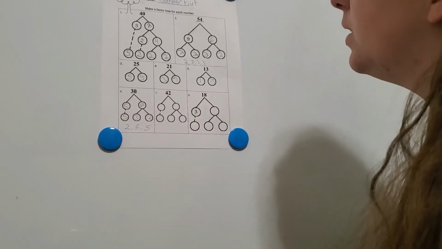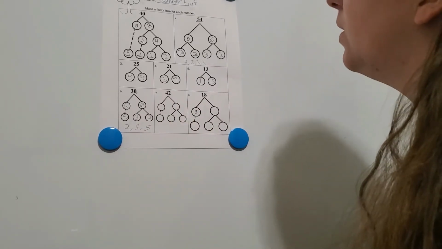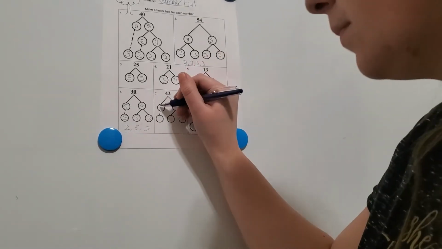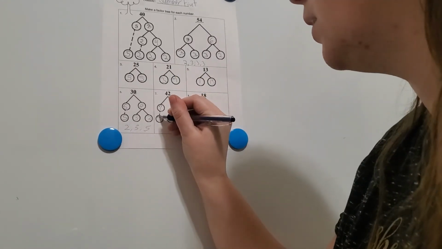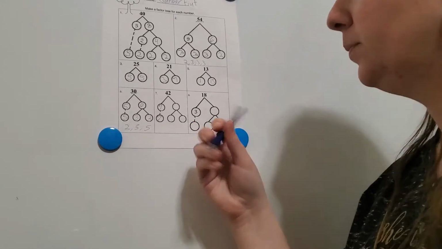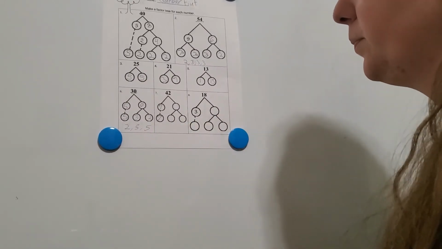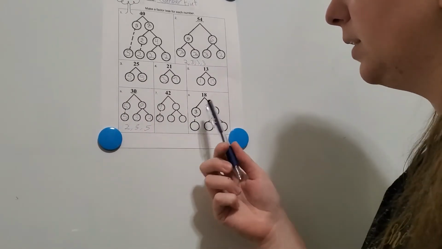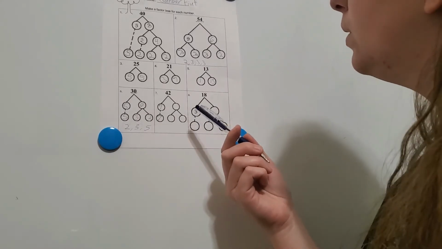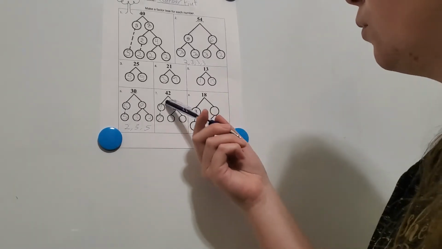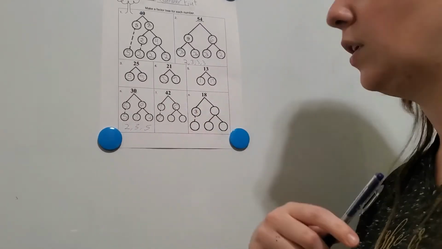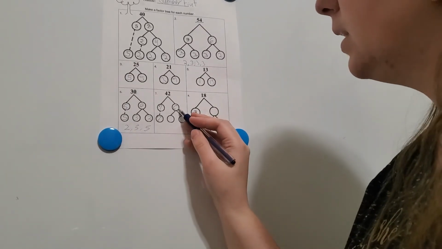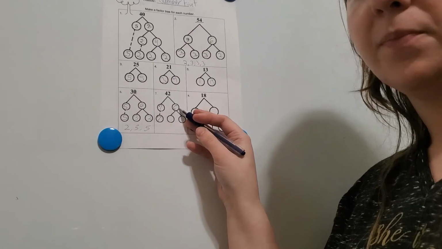Okay, let's move on to the number 42. The number 42, we can use the factor 7. 7 is a factor of 42, and 7 is also a prime number, so we leave it there for our answer later on. And then another factor for 42 could be 6. 7 times 6 is also 42. 6, is it composite or prime?